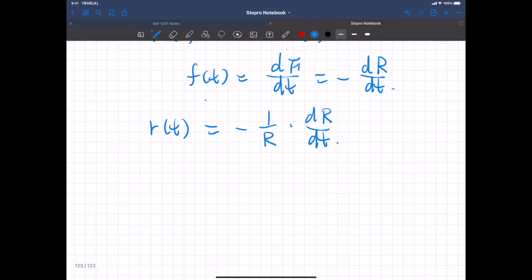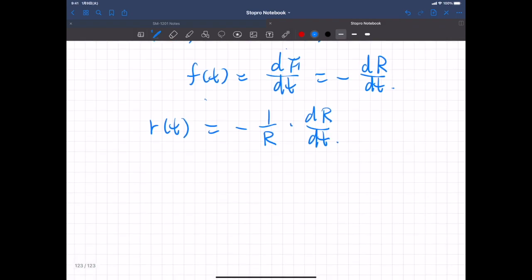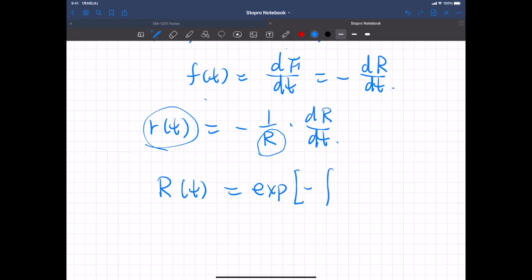So this is a kind of differential equation for the reliability function given the failure function. Okay, if you solve this, you should have this reliability function in terms of the failure function.